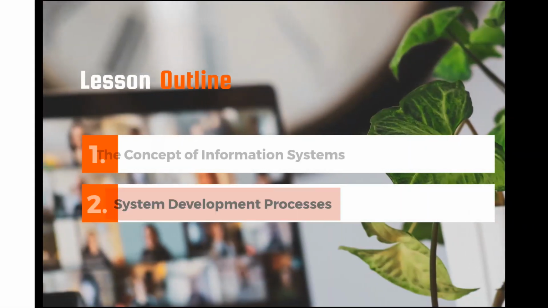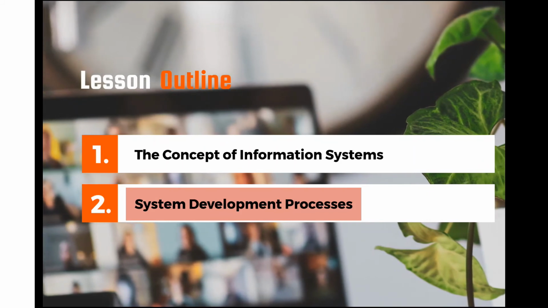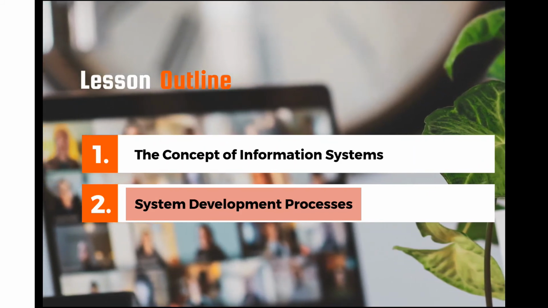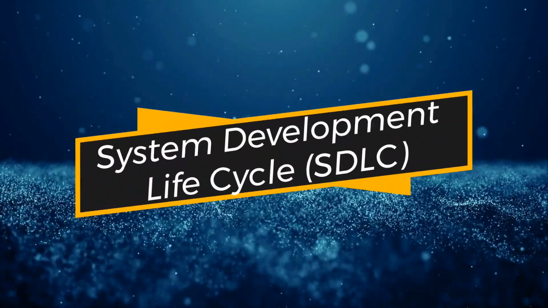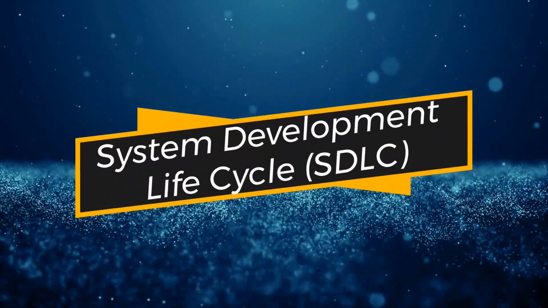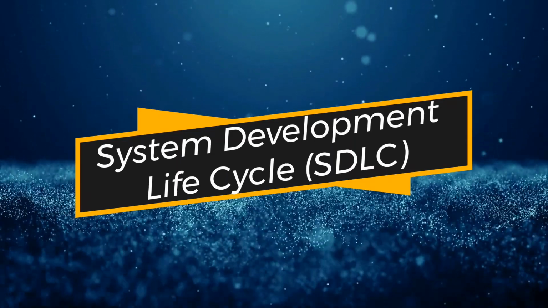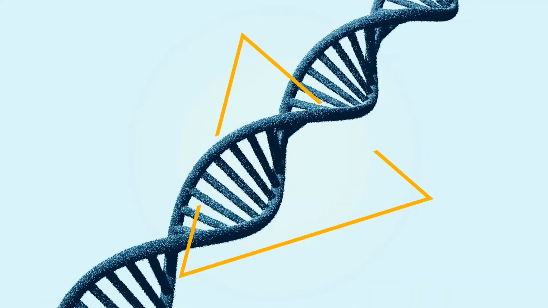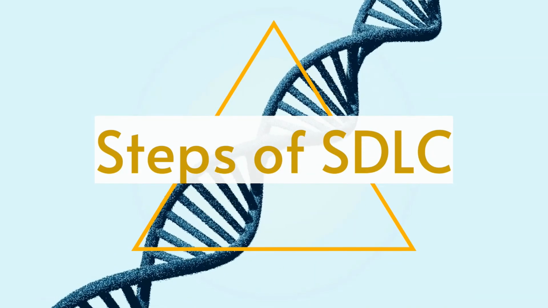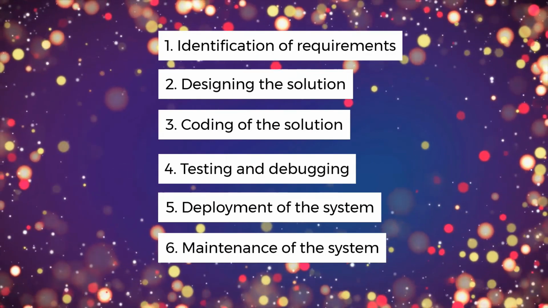The second topic of today's lesson is system development processes. Let's learn about the system development life cycle, or you can also call it as SDLC. Steps of SDLC. Number 1.